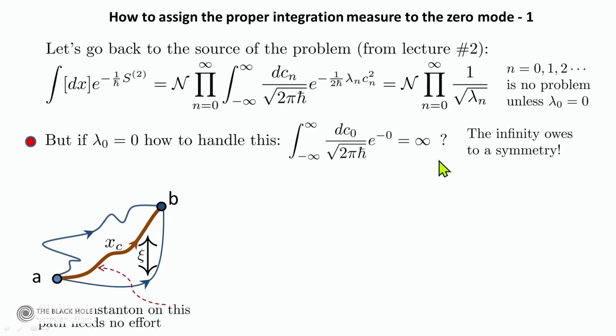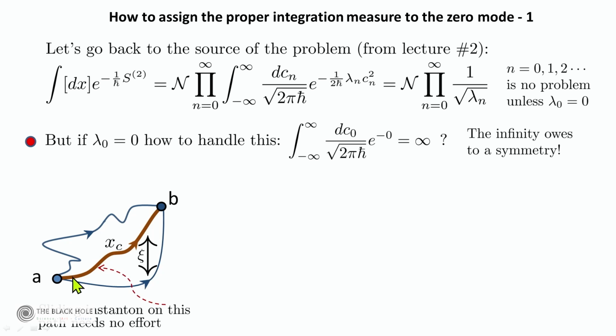So we have now to be a little clever. We understand where this is actually coming from. That infinity is coming from the fact that it takes no effort to slide an instanton along this path. In other words, the instanton could cross the axis. So think of x versus tau.